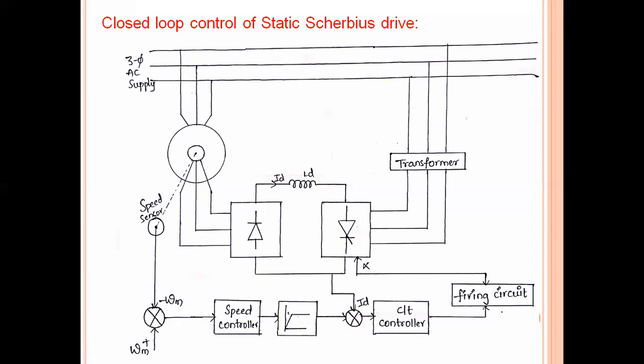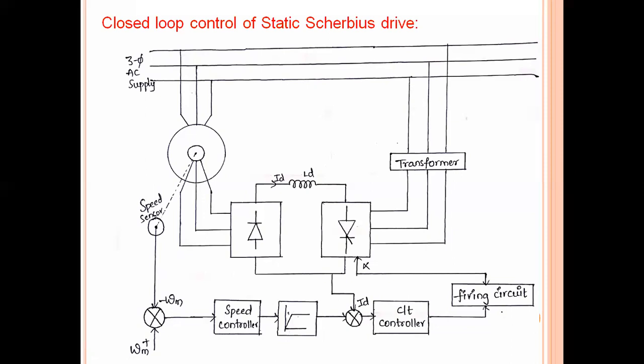The limit of this speed limiter is given for a small bandwidth or narrow values, so that the value of that error will be within that limit only, so that the motor operates in steady state performance.